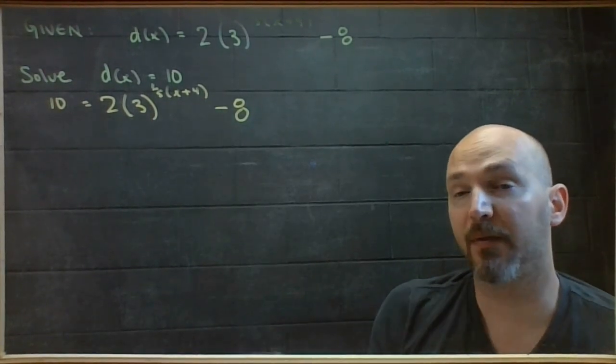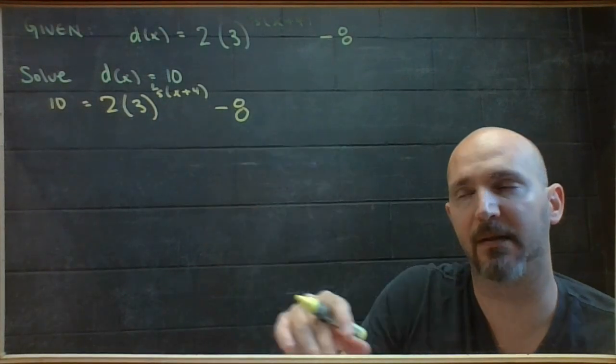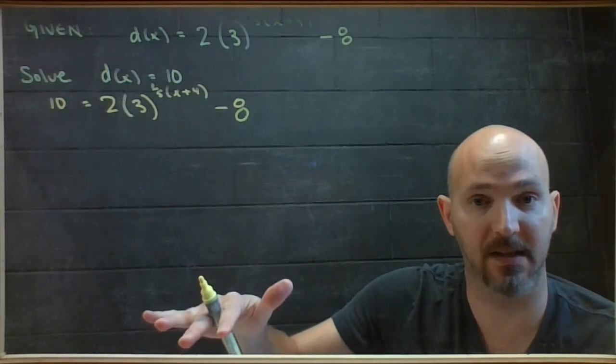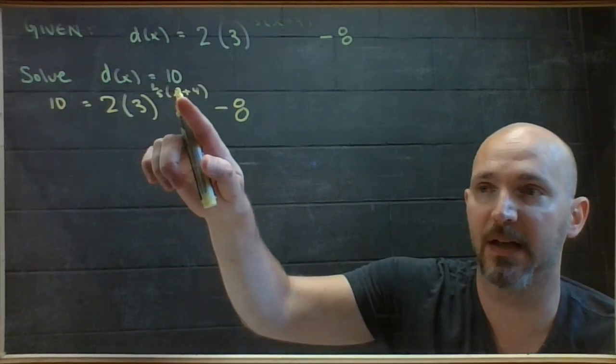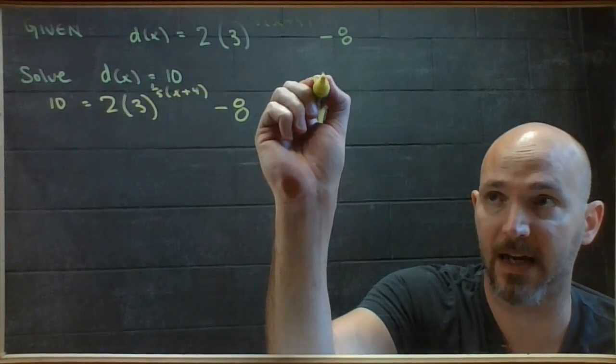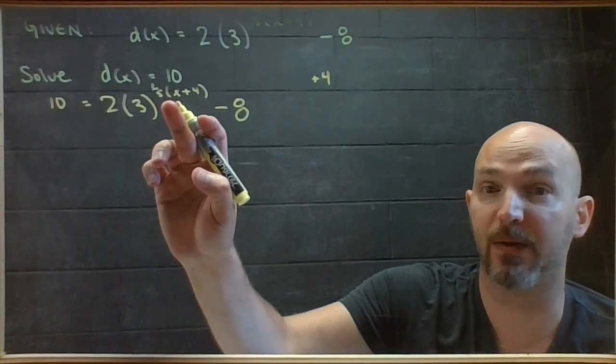Now, I'm going to go through this like if I knew x, make a list of steps, and then we're going to use algebra to systematically eliminate them. So if I knew x, the first thing I would have to do would be to add 4 to it. Once I added 4, I'd have to divide by 5.